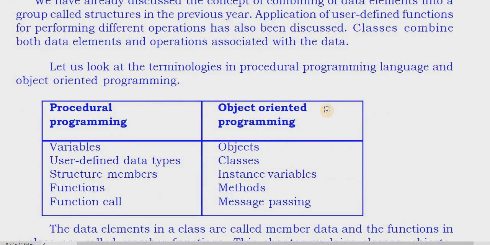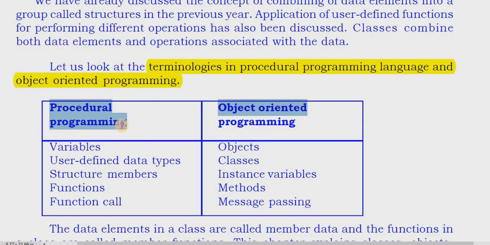Before that, here some terminologies are given, used in procedural programming language and object oriented programming language. Procedural programming language is an old type of programming language, and object oriented programming language is a new method or technique of programming. You already know what is variable, we studied it in first year. In procedural programming, we use many times words like variable.